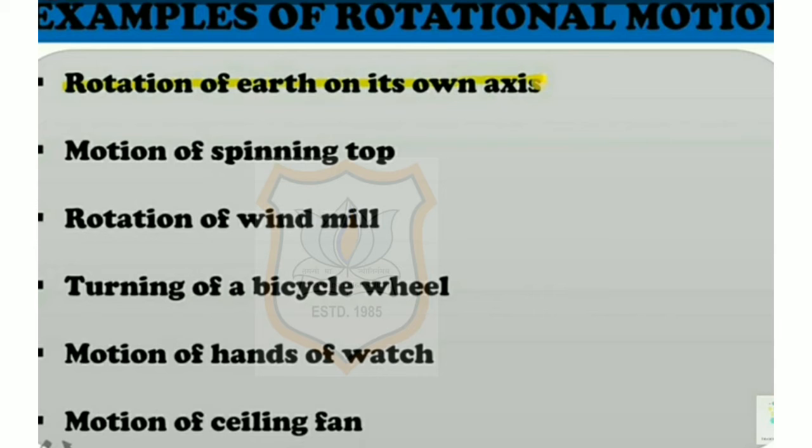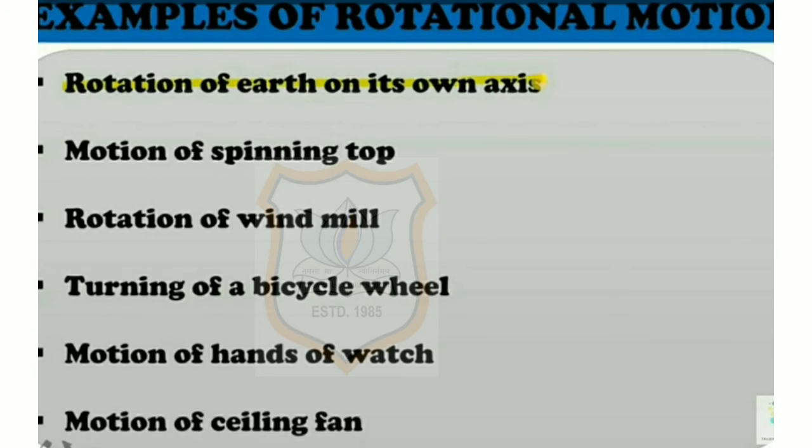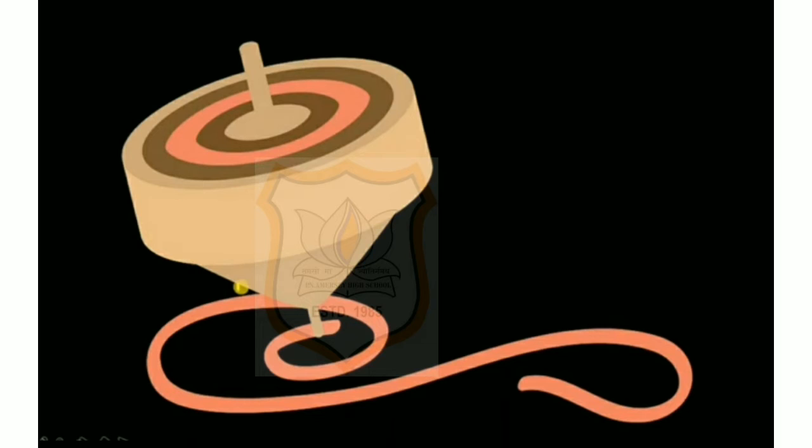Rotation of Earth on its own axis. You can see in the slide, Earth rotates on its own axis. Motion of a spinning top. You can see the spinning top. Even you sometimes play with this spinning top also, and you can say this is a rotational motion.